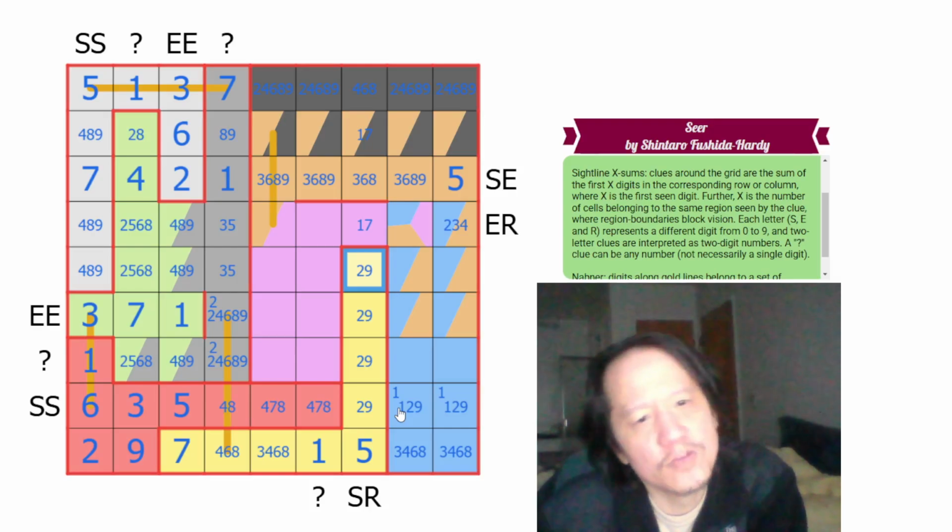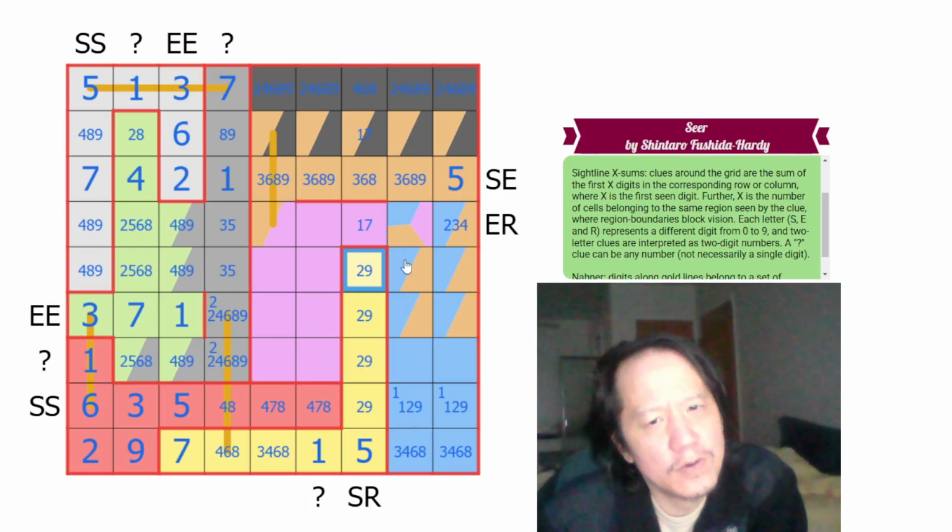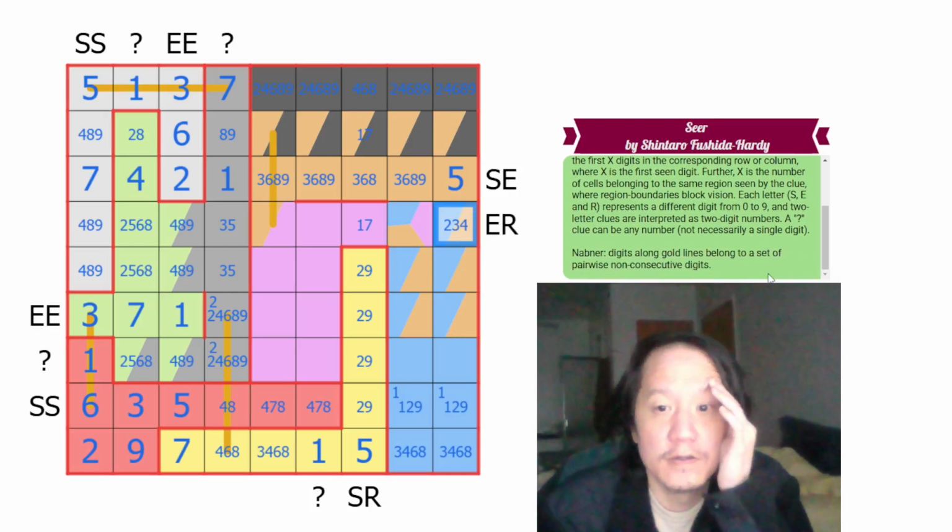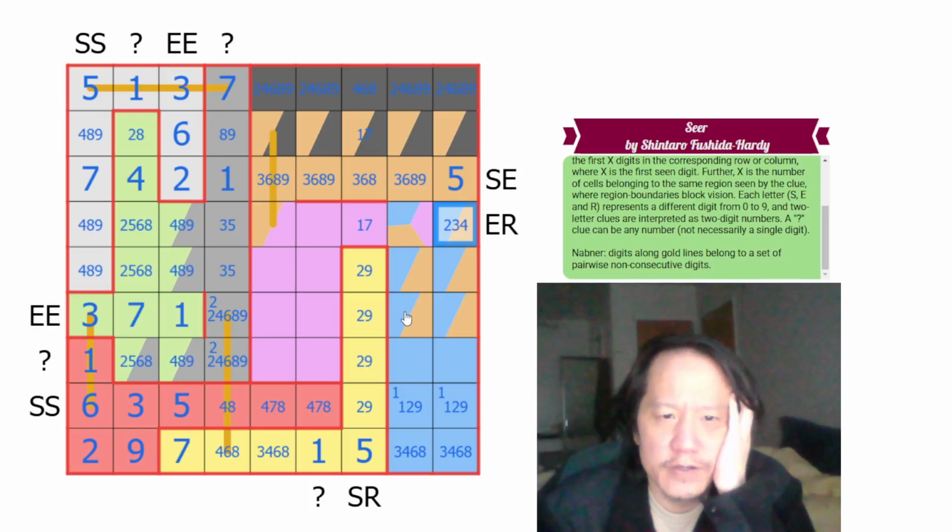Hmm. That's a real problem. It can't. This can't be 1, right? Yeah, because it's 10. That's 2-digit numbers, yeah. That's not good. That's really bad. Where did I break this is the question, right?